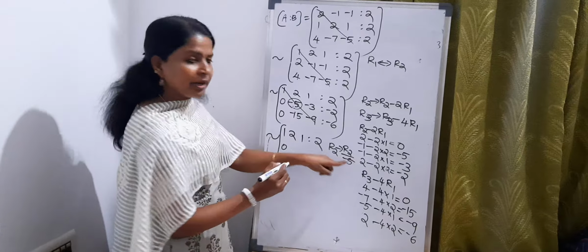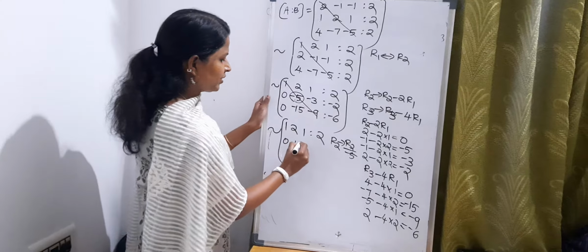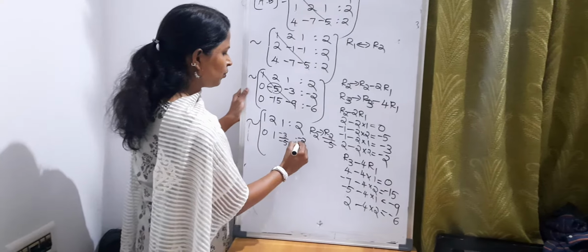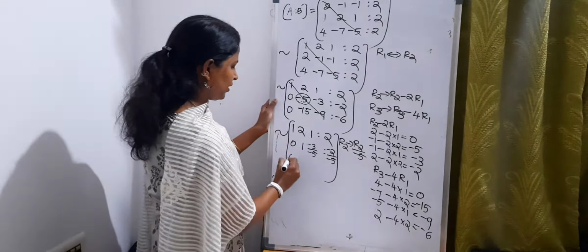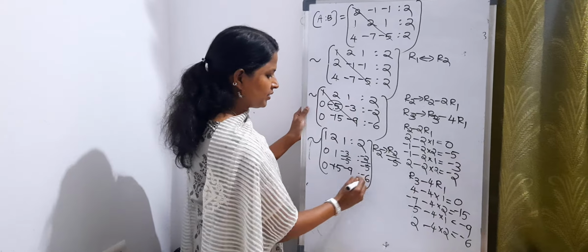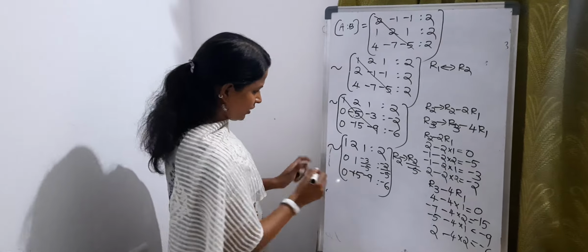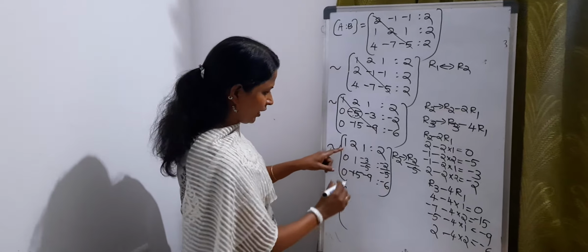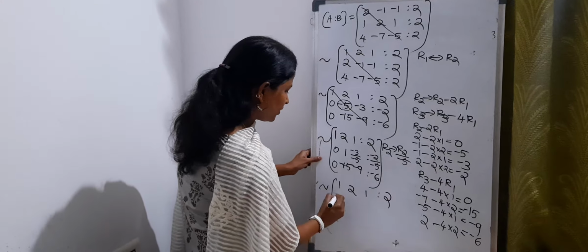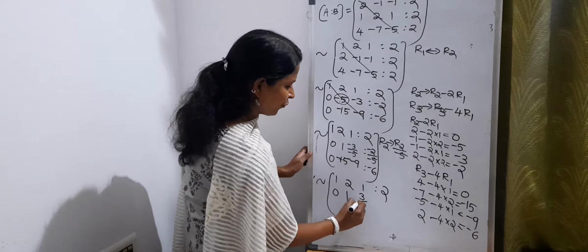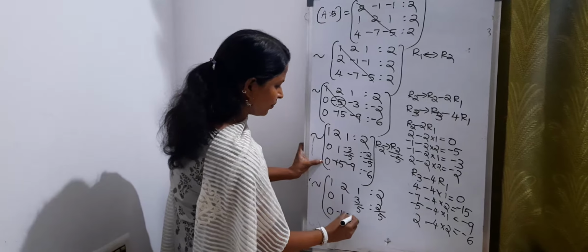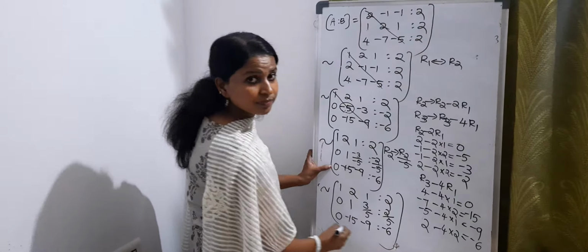Then 0, minus 5 by minus 5 is 1, minus 3 by minus 5 is 3 by 5, and minus 2 by minus 5 is 2 by 5. Minus by minus is positive. Then R3 is 0, minus 15, minus 9, minus 6.